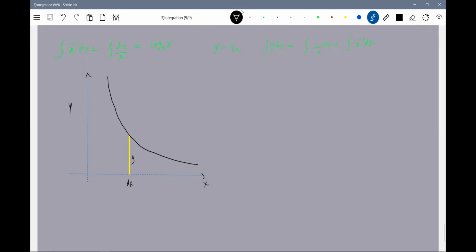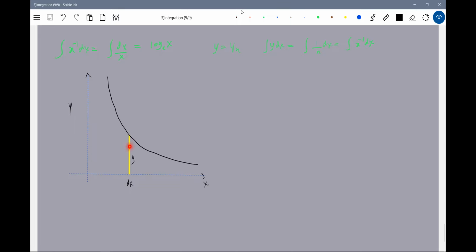That area should become equal to log x to the base e. What do you mean by that? That area from here to here, all those areas when you add up, is just equal to log x to the base e. Hope you are able to understand the meaning of this: integral of dx by x is log x.